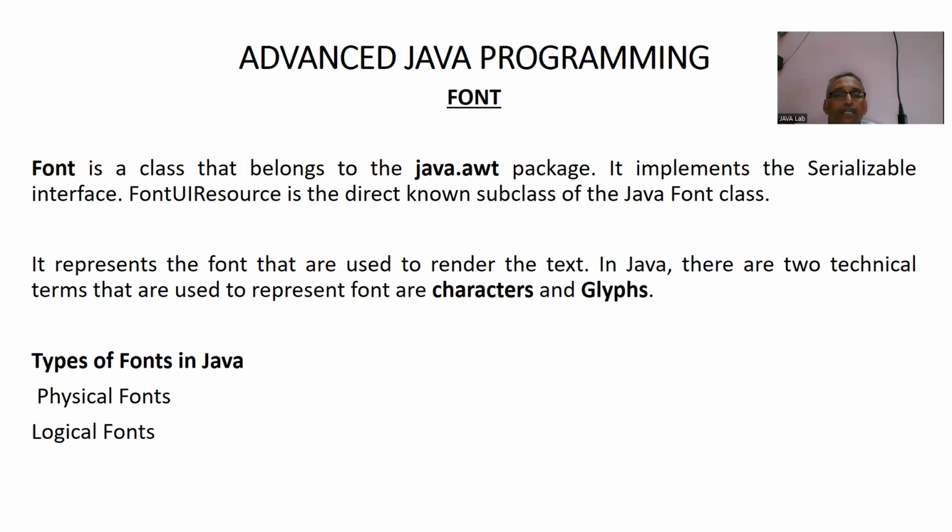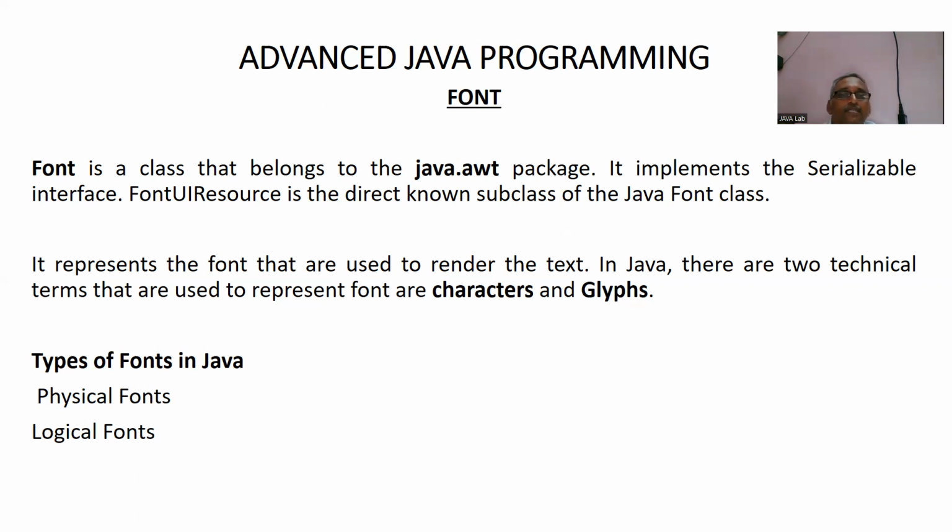It contains tables that map character sequences to glyph sequences by using font technology such as TrueType fonts, TTF, and PostScript Type 1 fonts. Next, logical fonts. Java defines five logical font families: Serif, SansSerif, Monospaced, Dialog, and DialogInput. It must be supported by the JRE, the Java Runtime Environment.